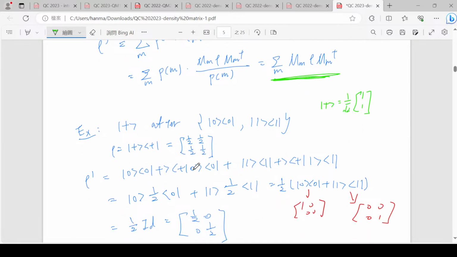and then you see this inner product between 0 and plus is 1 over square root 2, so 2 of them is 1 over 2, and also the inner product between 1 and the plus is 1 over square root 2 also. So you get 1 over 2 here and 1 over 2 here. Those are numbers, okay, because it's inner products. And then you're left with, once again, 0 ket 0 bra, so that's the matrix, and 1 ket 1 bra, that's the matrix.